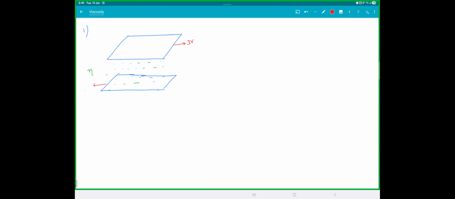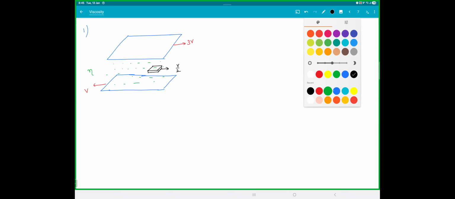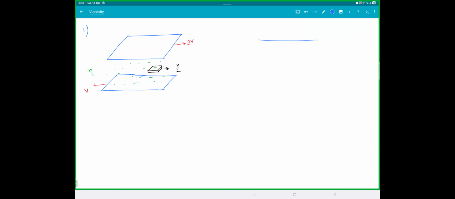So the top and the bottom are both not at rest, both the liquid layers are moving. And in the middle, you have this plate here, which is going with v by 2. If I show you the top view, it would kind of look like this. This is going with 3v, this is going with v. Your plate is somewhere here, whose area is A.